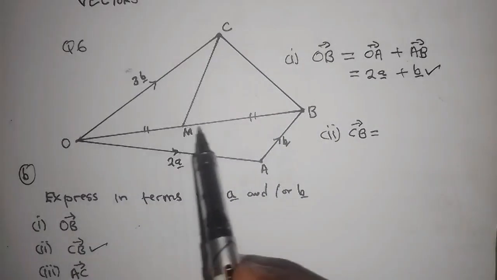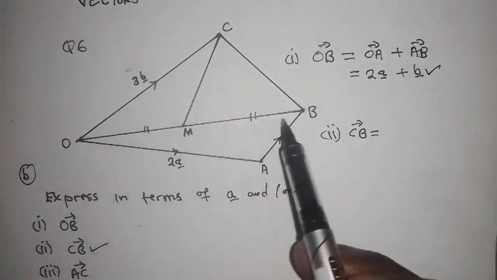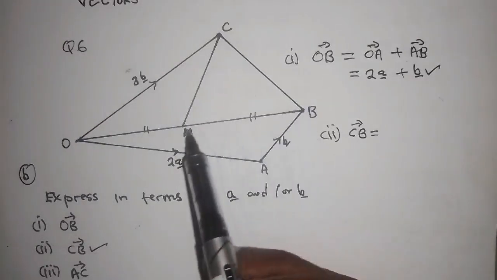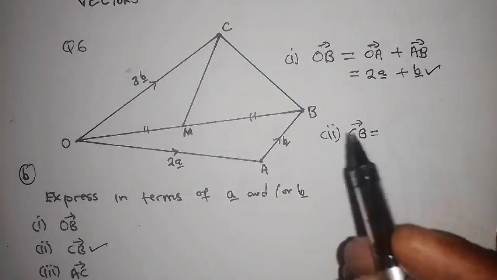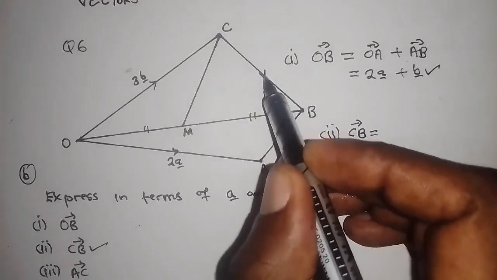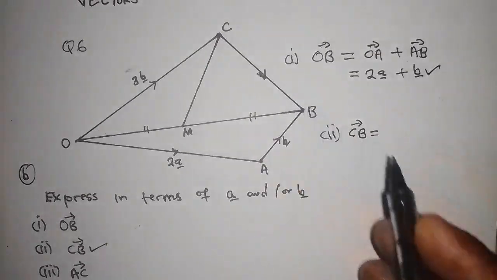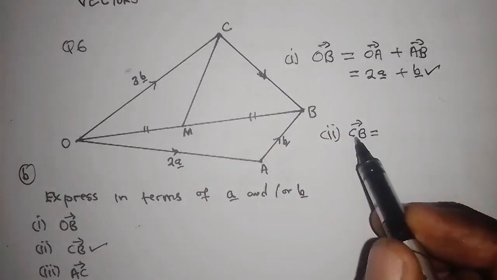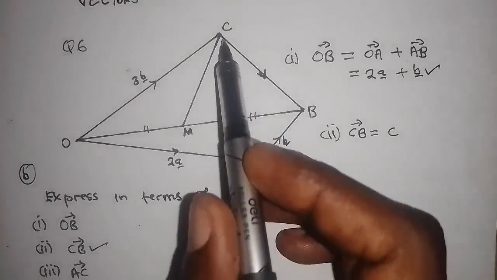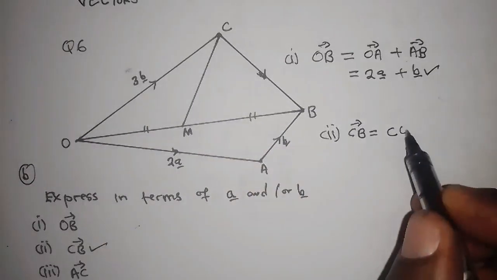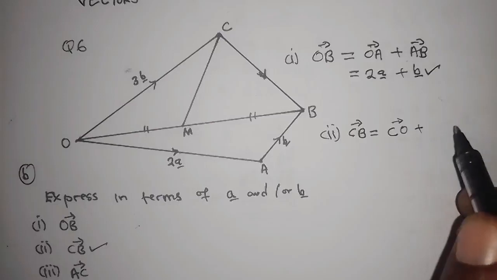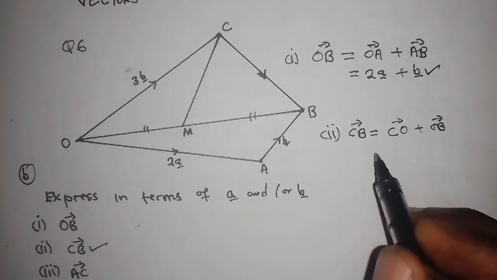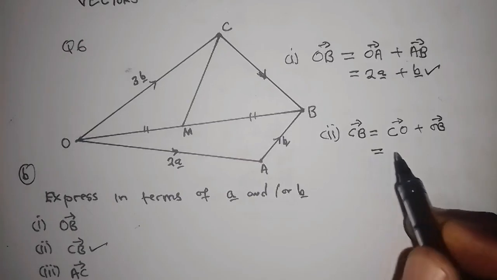By doing that, we make sure we find the other two sides that we can add together to form CB, and CB is in that direction. So for CB, you take the first letter, C, and go in that direction: CO plus OB. As simple as that, just a matter of adding the two.